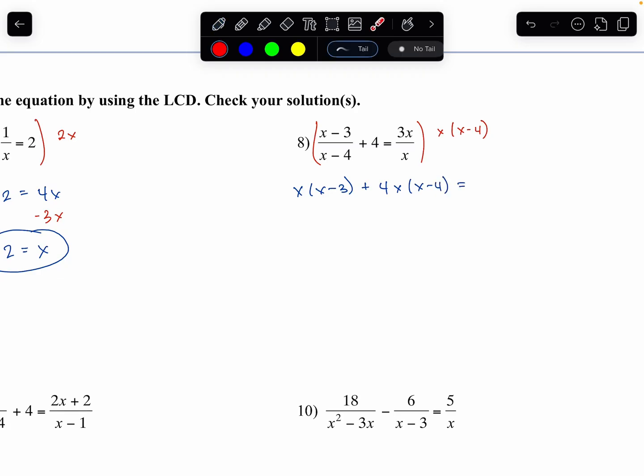Equal to, and when I multiply this term by x and x minus 4, because there's already x in the denominator, those would cancel. So that means 3x multiplies by x minus 4. And now I have no denominators.